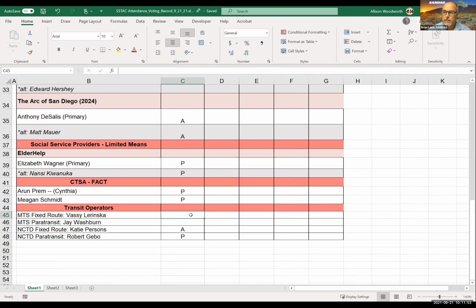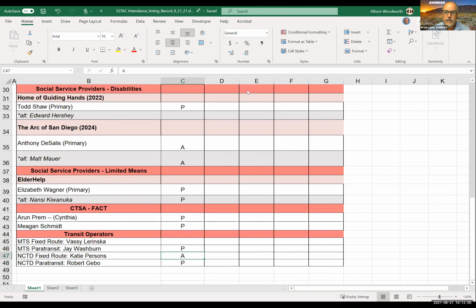I see a hand raised. Oh, Jay's trying to get in. Give Jay a second. I see another hand raised from WMUB4. I'll ask WMUB4. Jay Washburn here. Hi, Jay. And then who's WMUB4? You can unmute yourself. Are you a member?